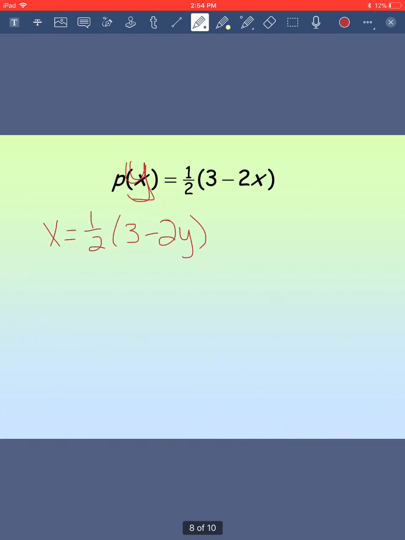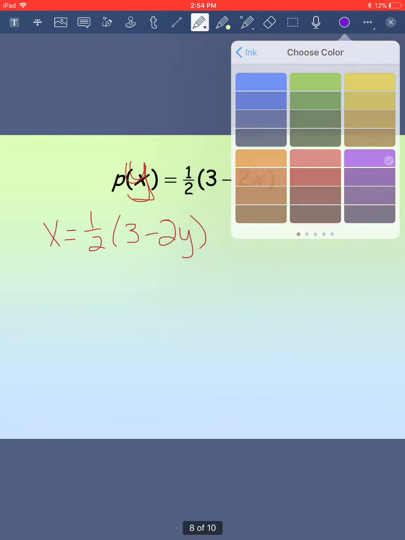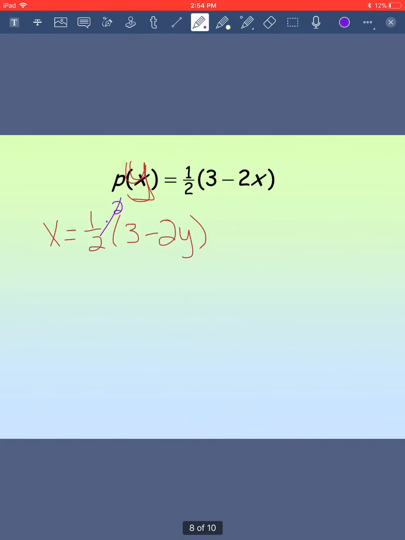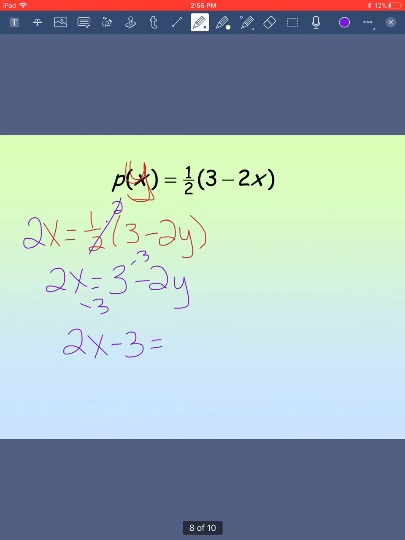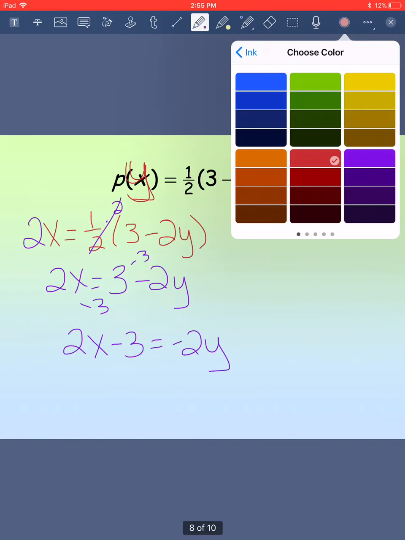So personally, I like multiplying by 2. If I multiply by 2, I'm going to get rid of that fraction. So I have 2x equals 3 minus 2y. And now I can subtract 3. So I get 2x minus 3 equals negative 2y. I can now divide by negative 2.